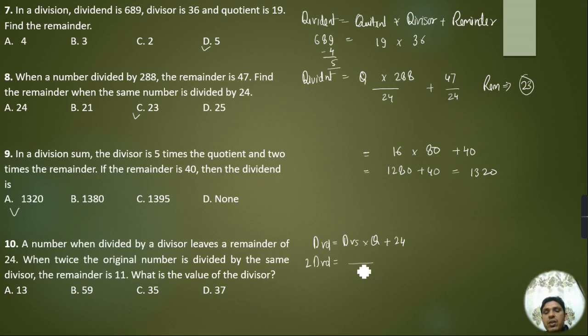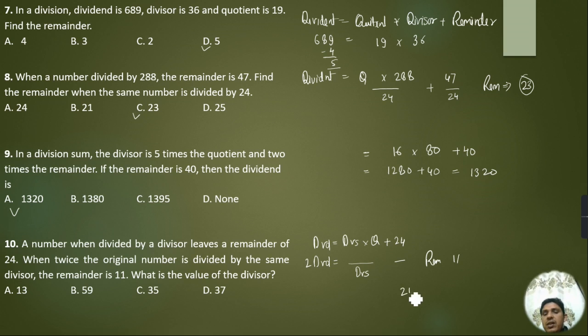So here we have to divide by the divisor, and the remainder is 11, right? So we have to find the divisor. Students, this is very simple.